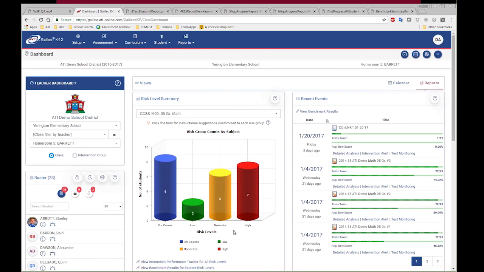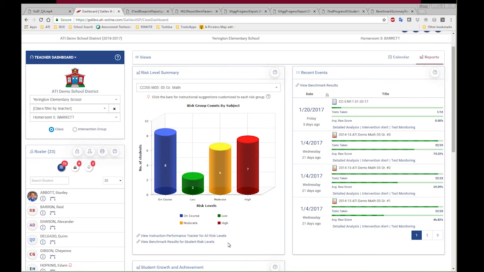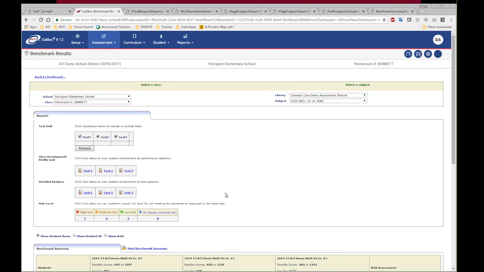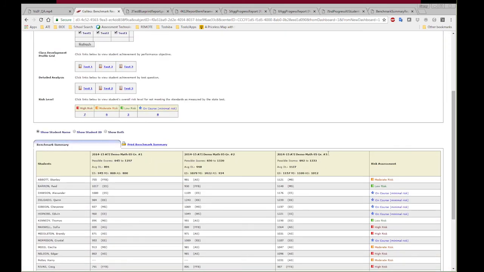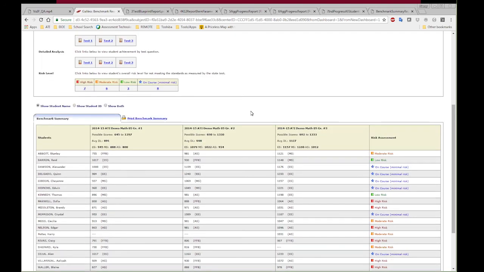So you can look at the risk levels, which brings us to another way to look at those risk levels and also those performance levels all in one place. So let's look at View Benchmark Results. And this time you'll see the 3 tests, first quarter, second quarter, third quarter, in a chart side by side, since there are 3 of them.